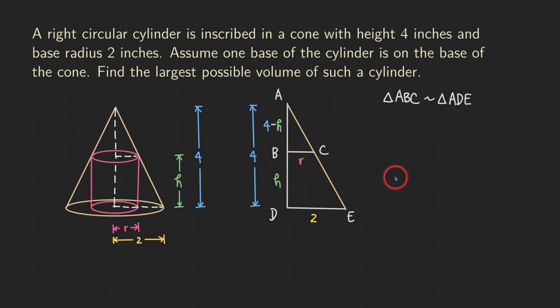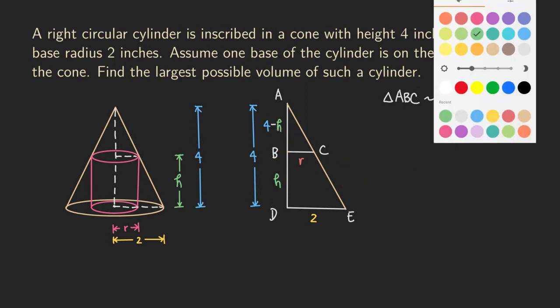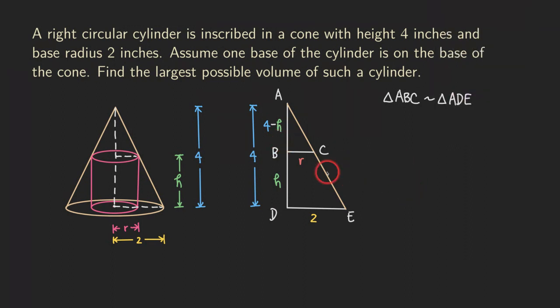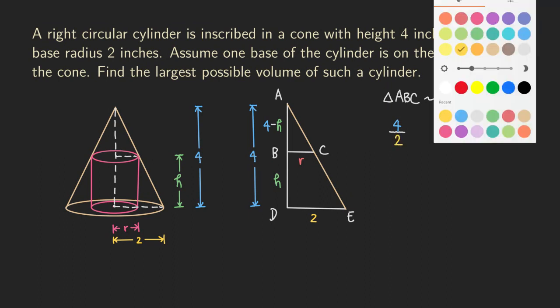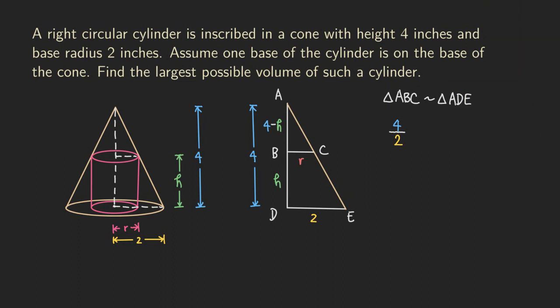Now we can start setting up a proportion. How we set up the proportion is actually quite simple. We first set up the ratio of the height of the larger triangle over the base of the larger triangle. If you just write down a fraction right here, it's actually just 4 divided by 2. So that's simple, right?